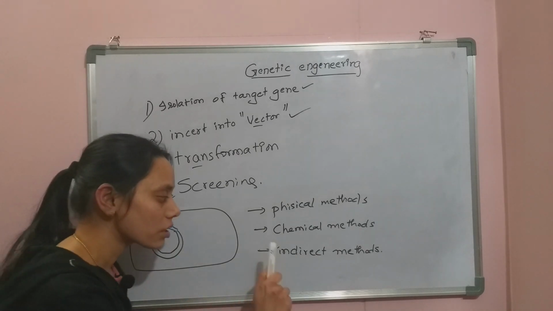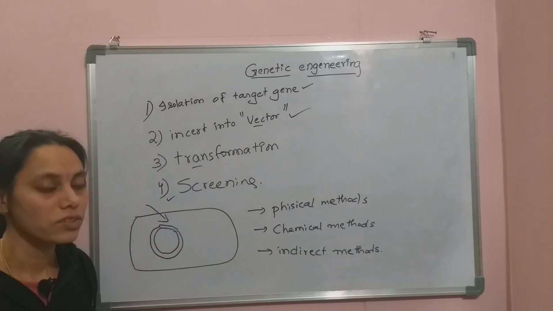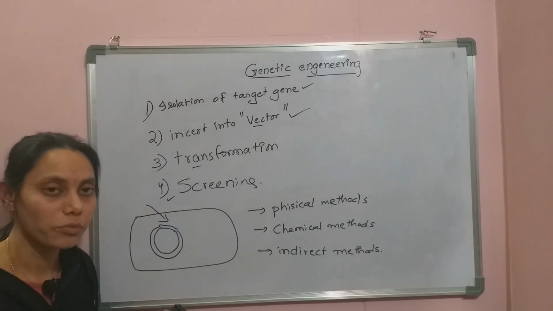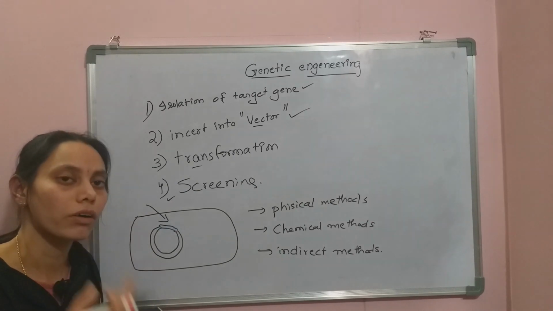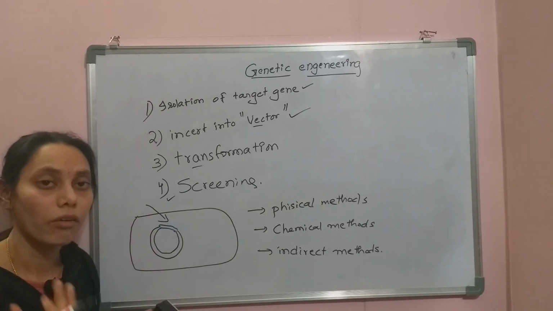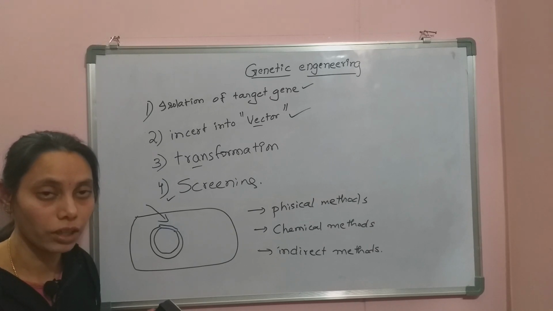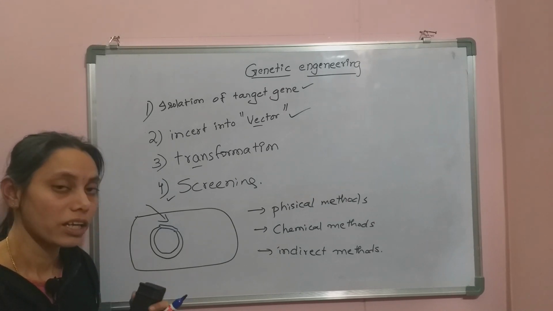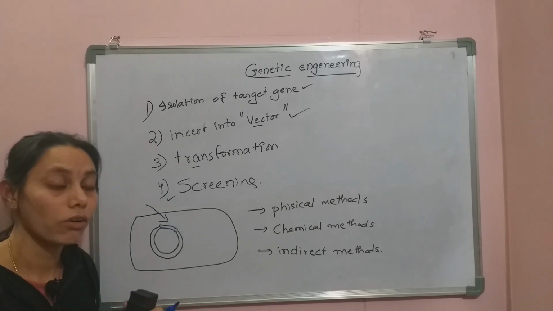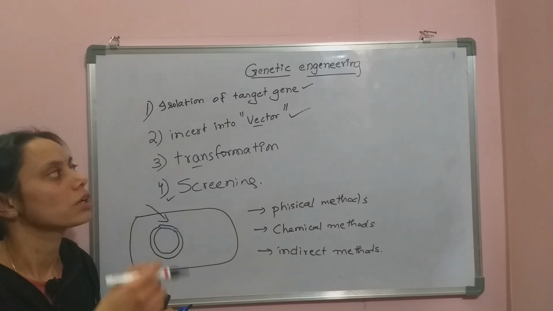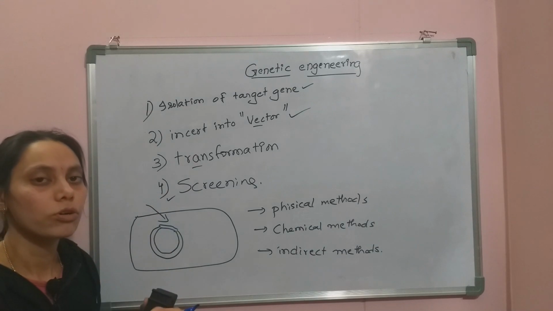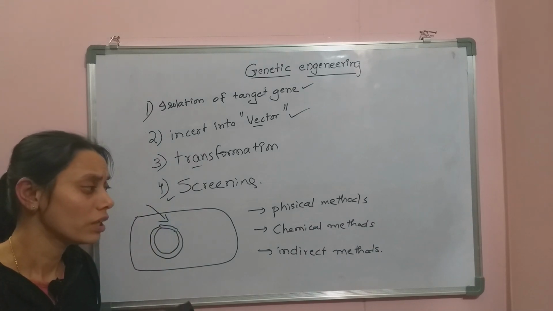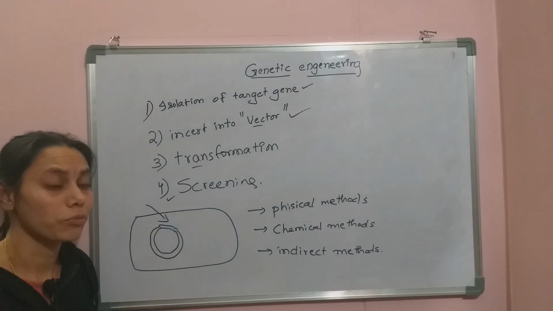So here there are some indirect methods. Generally these indirect methods incorporate another organism like a bacteria or a virus, a bacteriophage. So these indirect methods use another living organism to transport this vector into the host. There are two main examples.